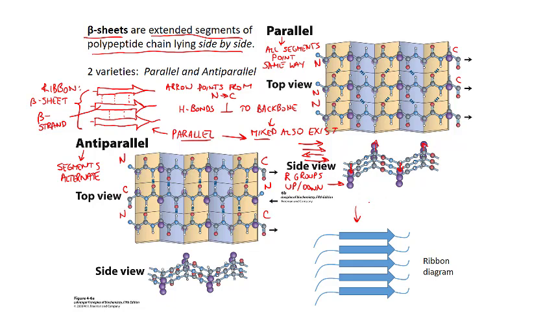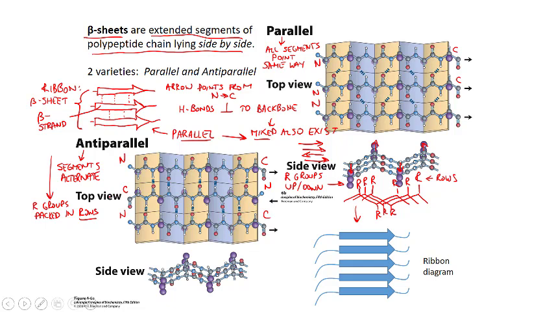And if you were to look at this from a side view, this is intended to be looking at the thing kind of edge on, we would notice that our R groups appear in rows. And then the same thing on the bottom. All right, so in beta sheets, our side chains are packed together in rows.